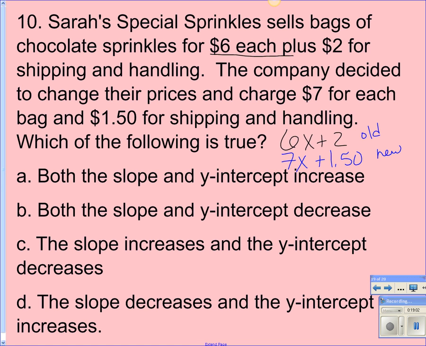The slope increased. It went up. Caitlin, what is this called? It's not the slope. It's the what? Y-intercept. And Natasha, what happened to the y-intercept? It decreased. So the y-intercept decreased. Allison, which answer choice says that? The slope increased and the y-intercept decreased. What? C.